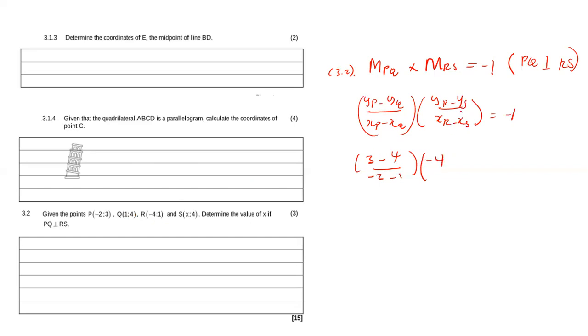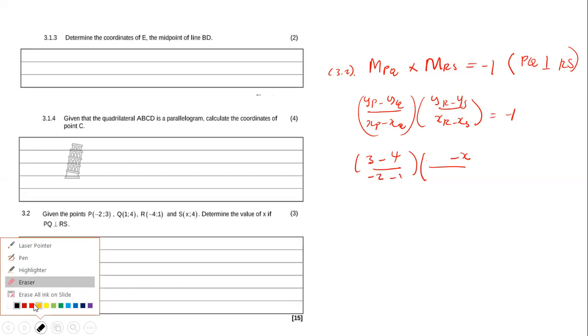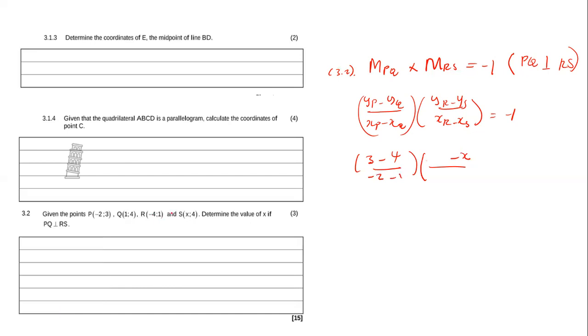Y of R is what we need to check. Y of R is 1, not 4. Y of R is positive 1. X of R is negative 4.